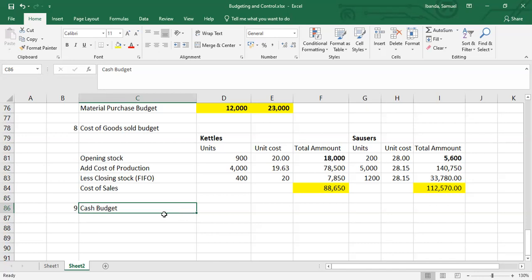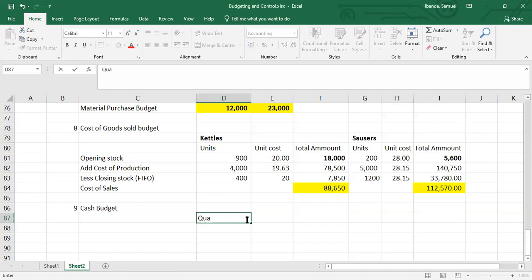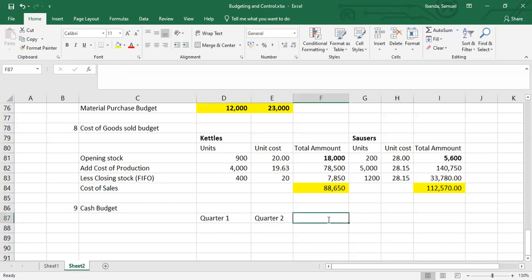Now, the information they gave us was in terms of quarters, so we shall also adopt quarters. So we have quarter 1, quarter 2, quarter 3, and then we have our quarter 4.